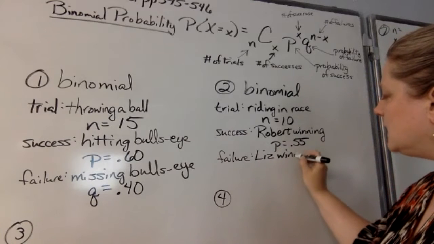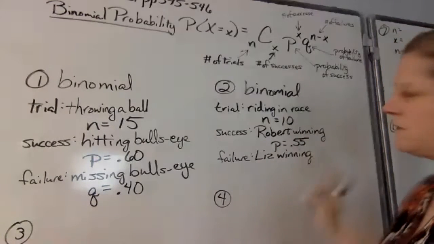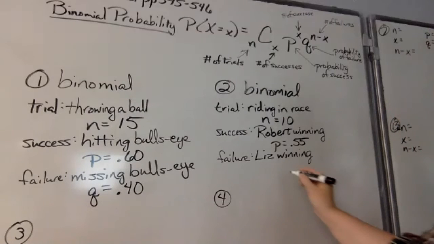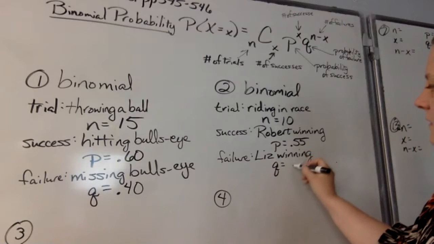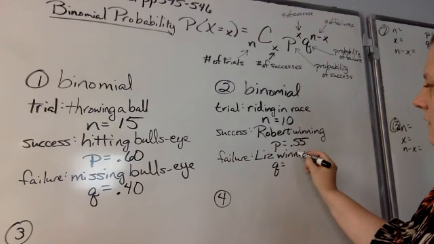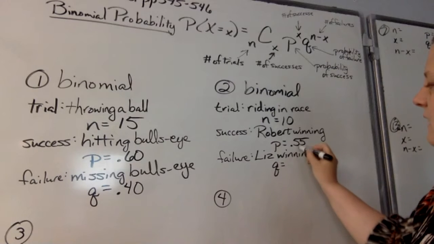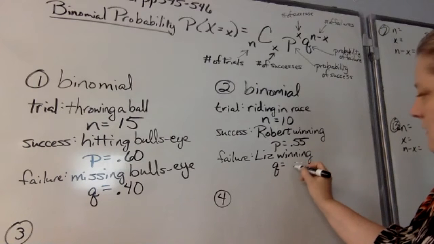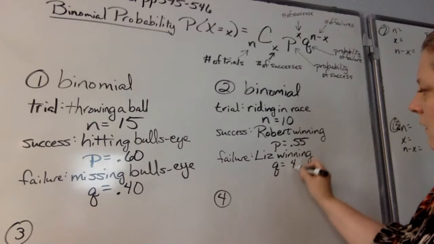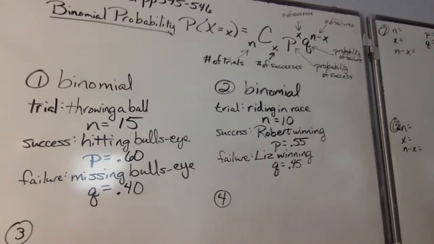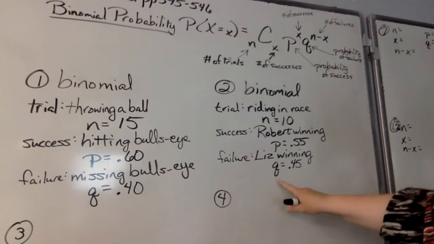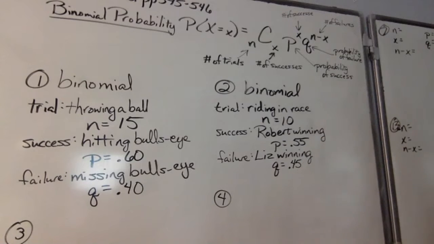Liz winning, or Robert losing, whichever way you want to word it. And the probability of her winning is, if he wins 55% of the time, she only wins 45% of the time, because remember they have to add to equal 100%. So your probability of failure is 0.45. Okay, so pretty easy.